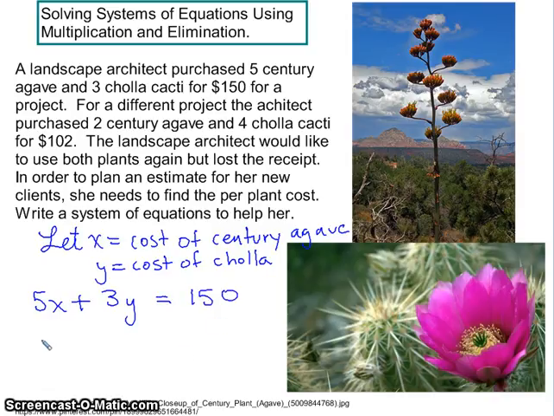And for the other project, she bought 2 century agave and 4 cholla cacti, and the total cost was $102. So if you notice in this system of equations, we don't have any coefficients that are the opposite. So let's see how we solve that.